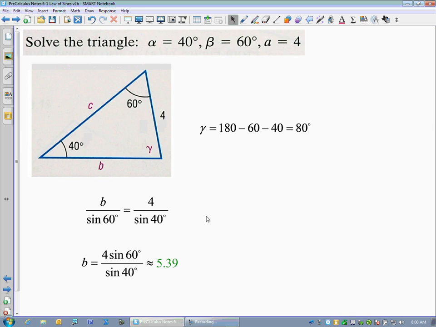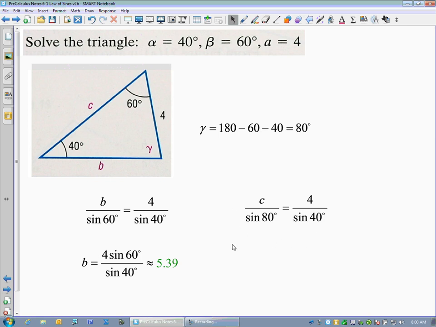For the same reason why we didn't want to plug this into the calculator earlier, you want to make a smarter choice. You do not want to use this value in your next calculation because it is a rounded value. So when you set up your proportion, you definitely want to use the 4 and 40 degrees because those are exact values. So c is to sine 80 as 4 is to sine 40.